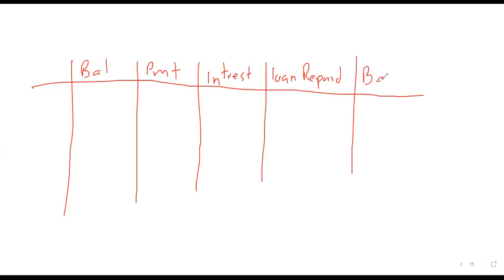So you need to master this. We have column 1, column 2, column 3, column 4, and column 5. We started with 1,000 kwacha. The periodic payment we've already established is 402. It must be the same throughout: 402, 402, and 402.